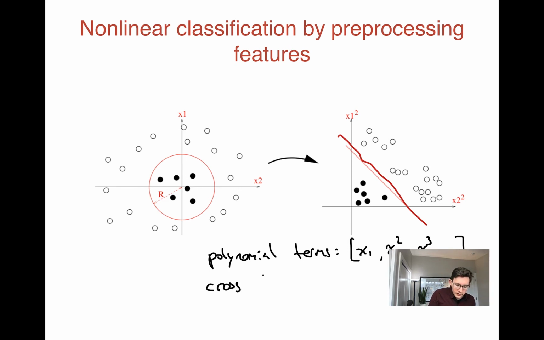Another one is cross terms. That is, we can put x1 times x2, x1 times x3, x2 times x3, and so on. We can put those in our feature vector as well. Again, that can give our linear classifier some additional power. Let's look at a couple of other common featurization strategies.